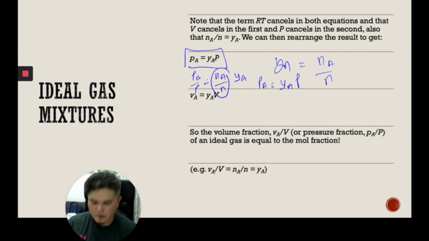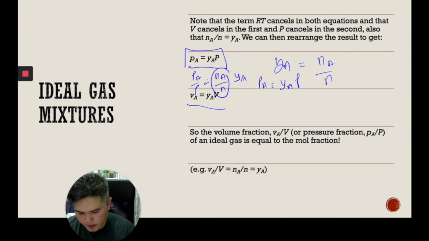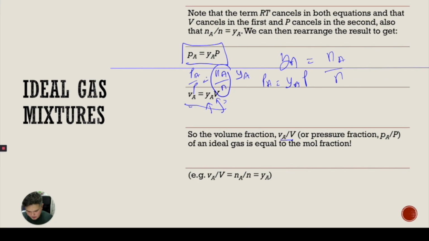It's very simple. Similarly for volume, you can also do it that way. In order to determine the pure component volume of species A, you just need to multiply YA, the mole fraction of A, with the total volume. So you'll be able to get that VA value. So the volume fraction as well.